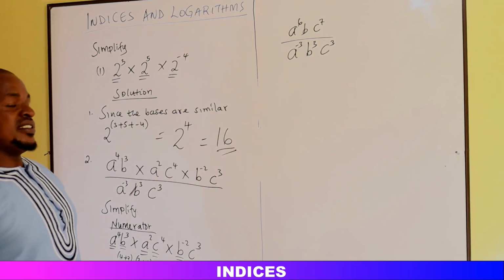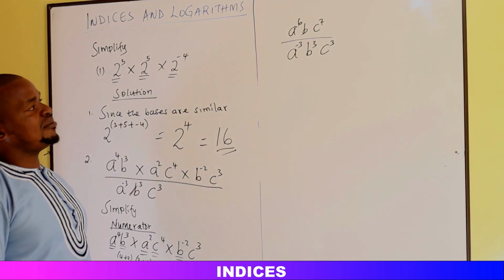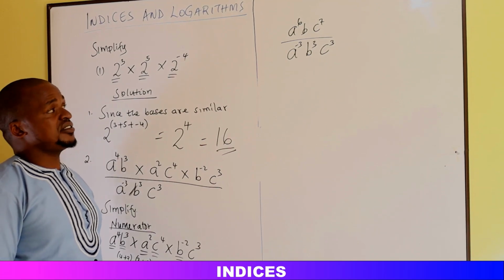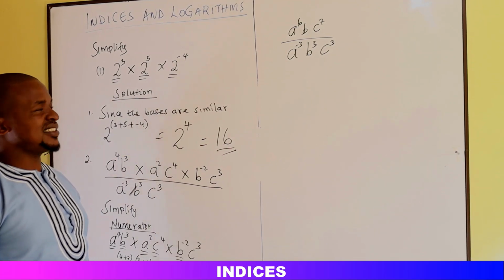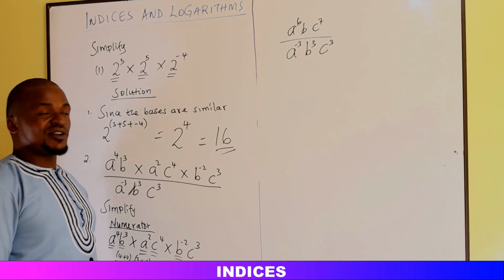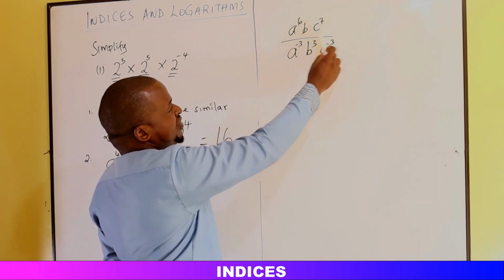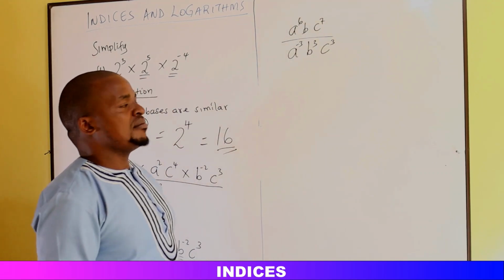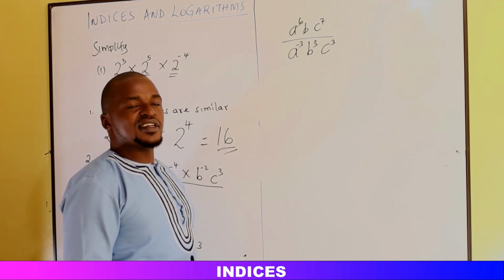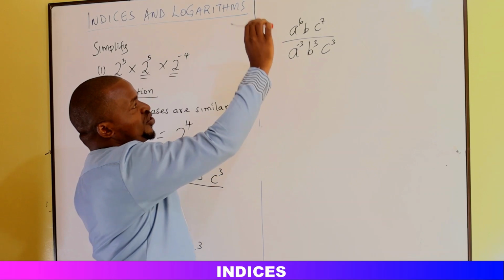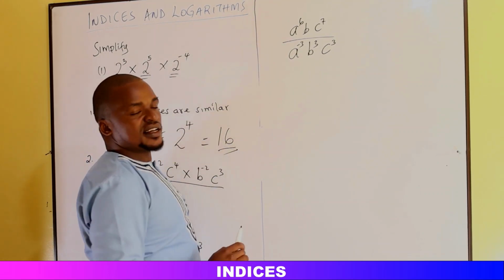when you are dividing numbers in the same base, we subtract the powers. So when you have a raised to power 6, b, c raised to power 7 over a raised to power negative 3, b power 3, c power 3, you are dividing the numerator by the denominator.